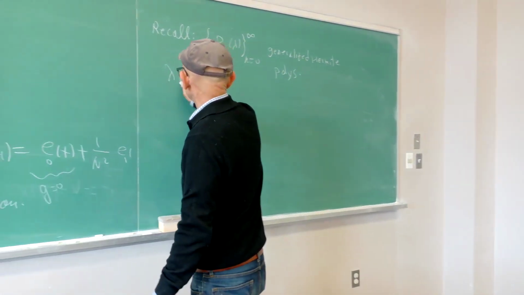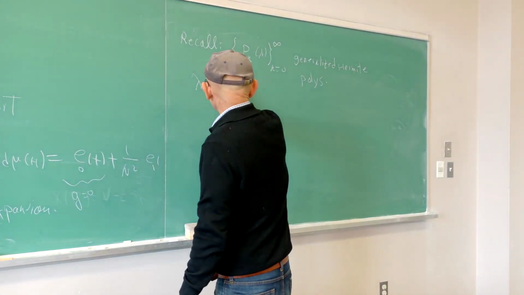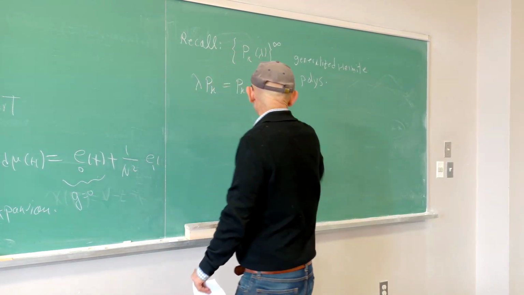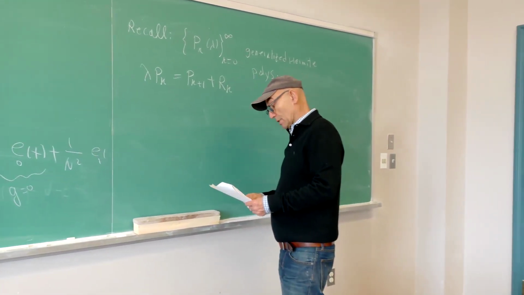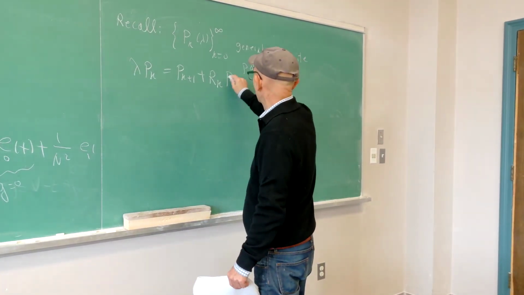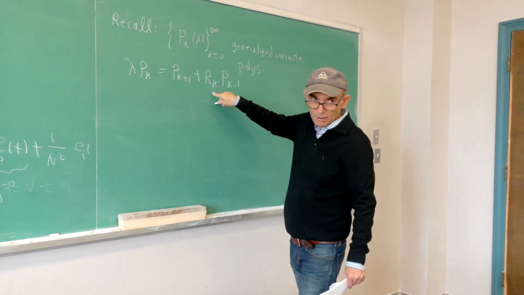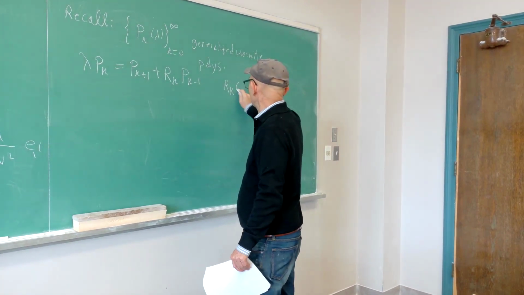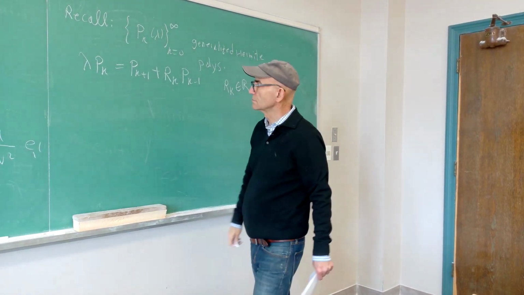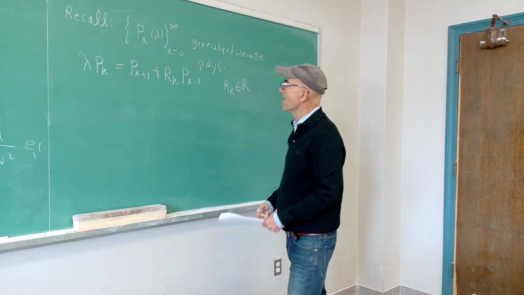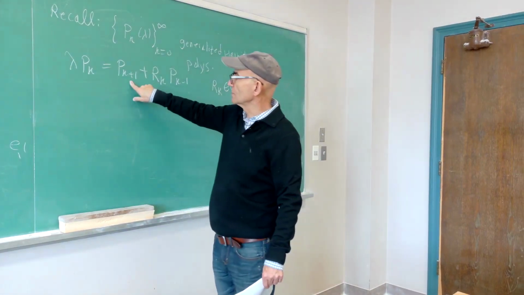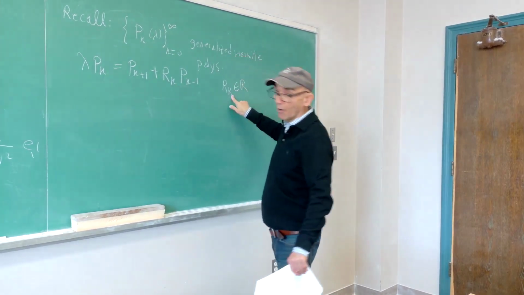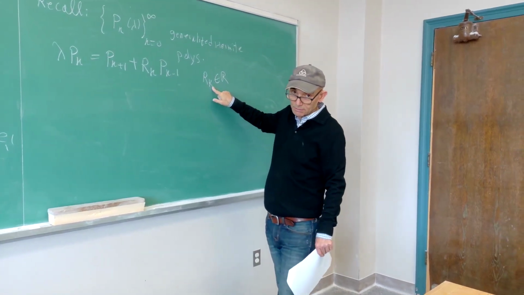So lambda p_k is equal to p_{k+1} plus r_k p_{k-1}. But these r_k are some numerical constants belonging to R. So this is a recursion relation that allows us to compute p_{k+1}, but we have to know r_k. That's not a trivial matter.